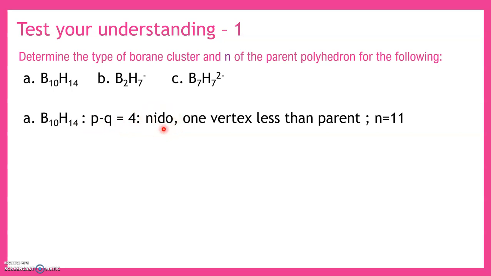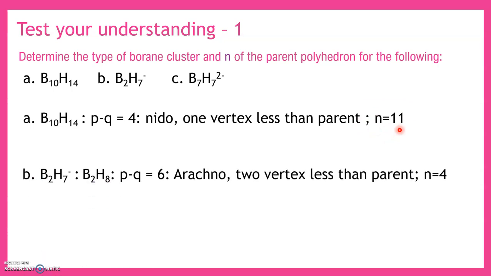So the class is nido class of borane. Since nido means one vertex less, B10 is the number of boron atoms present in the nido cluster. So I need to add one more to get the parent polyhedron. The parent polyhedron will have 11 corners.